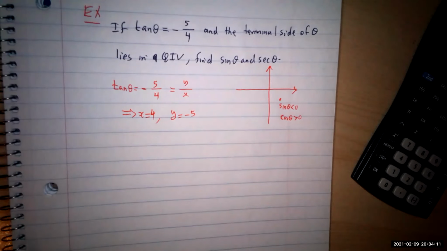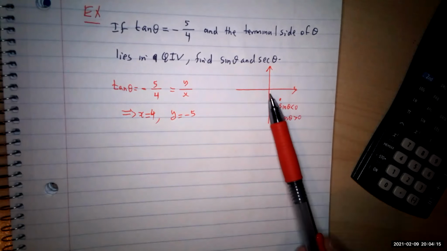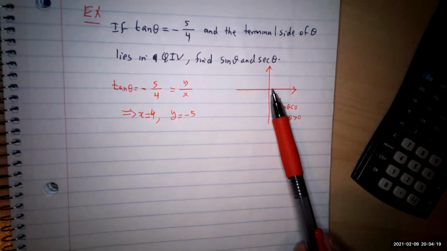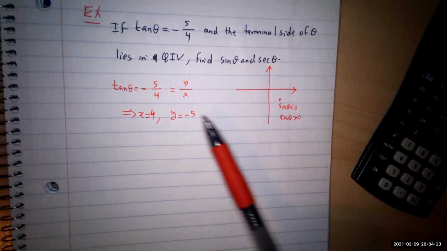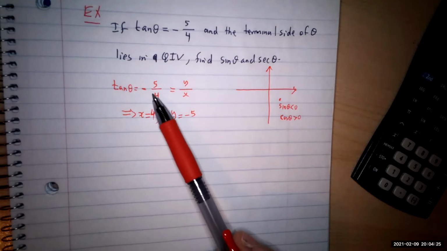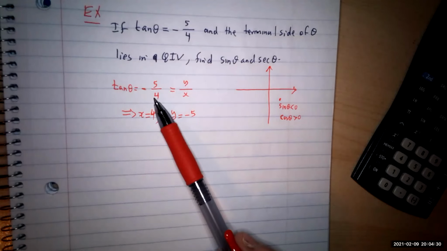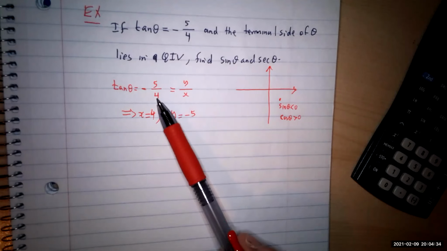A different way to look into it. You are in the 4th quadrant. Remember, this is cosine, this is sine. This is x, this is y. So you have -5/4. You can write this as -5/4, or you can write it as 5/4.